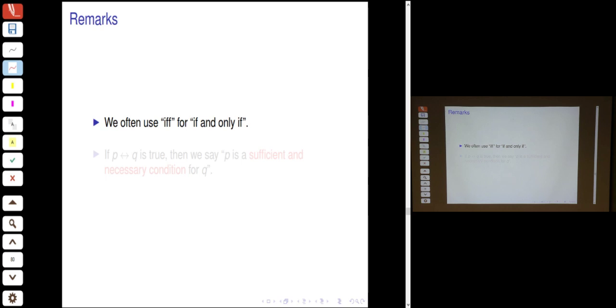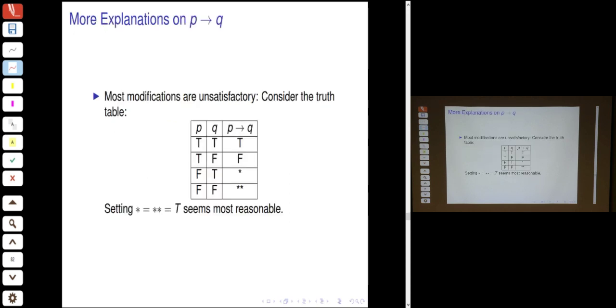Your spell checker always says this is not correct, but people in mathematics use it. If you have this double arrow, then P is a sufficient and necessary condition for Q, as we said before.